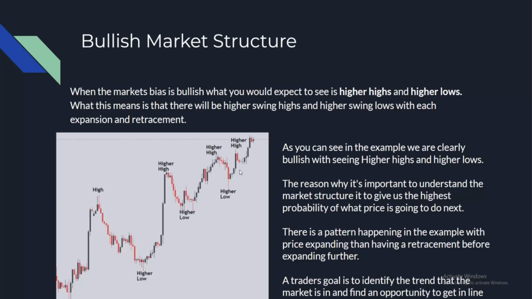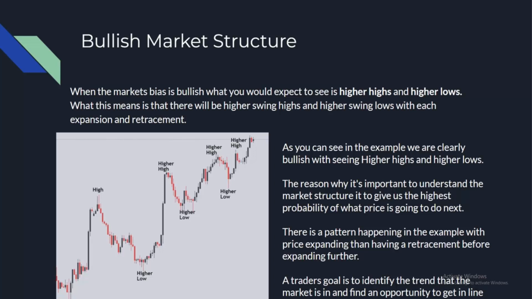And so when you're seeing the structure, that means you're clearly bullish until you see a reason not to be bullish. And the reason why it's important to understand the market structure is because this is how we're going to get the best probability of understanding what price is going to do next. We're going to be able to understand where price is reaching towards and which way it wants to reach towards.